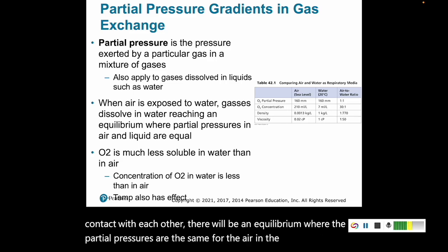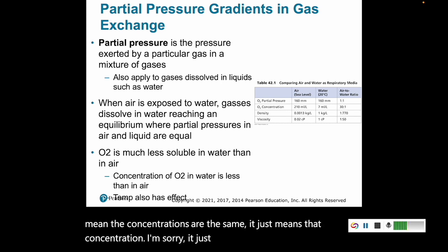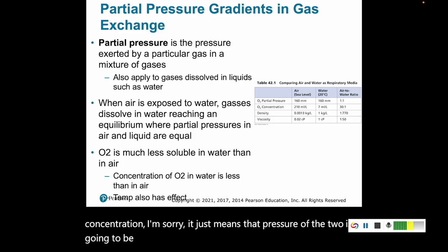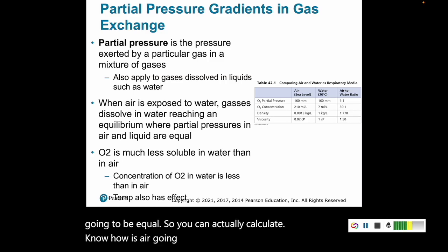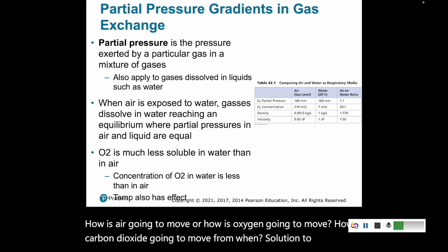It doesn't mean the concentrations are the same. It just means that the pressure of the two is going to be equal. So you can actually calculate how oxygen and carbon dioxide are going to move from one solution to the air, or from the air into the solution.